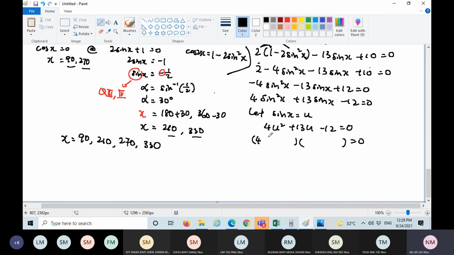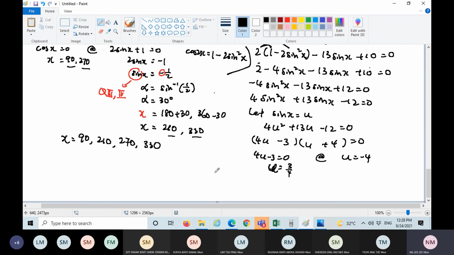So this is for u, and then u minus 3, then this is plus 4. You can use the calculator to help you. This is a minus 3, this is a plus 16, minus 3, positive 13, correct? So one of my answers will be from u minus 3 equal to 0, so u equals 3 over 4. The other answer is u equals negative 4.